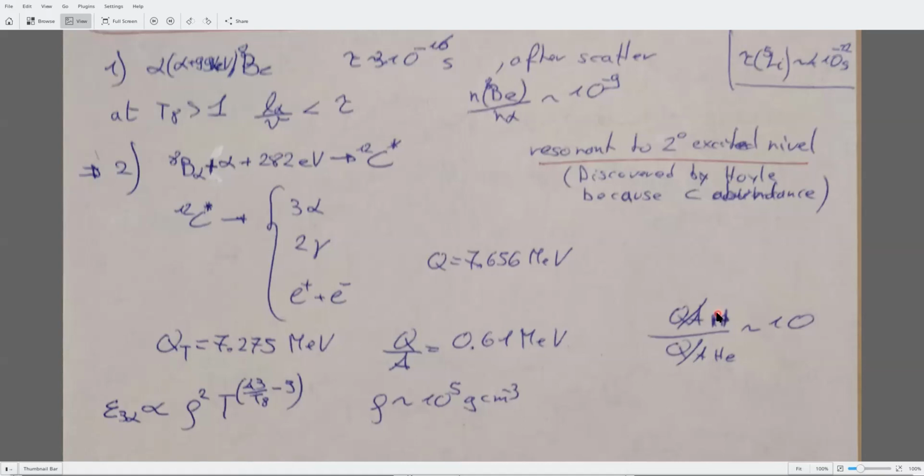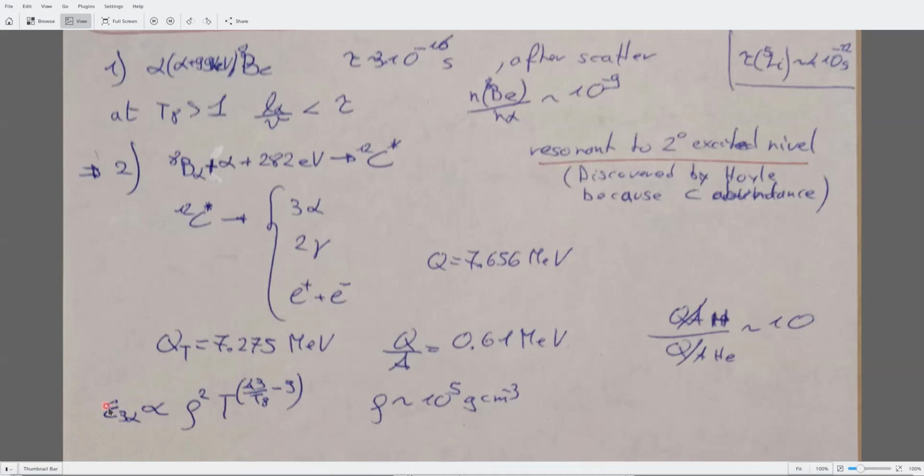Hydrogen burning is the main sequence, and helium burning is the red giant branch. That means that the time that the star spends in the red giant branch is more or less 1/10 of the other. So it's really quicker. It definitely is more probable to find a star in the main sequence than in the evolved state.